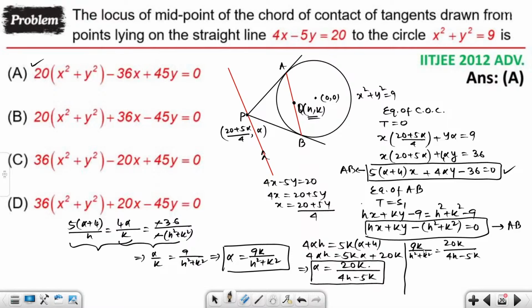So I am forming the equation of AB in two ways. One by chord of contact. Another is finding the equation of the chord by using the midpoint thing, where T equals S1. So forming the equation of the line AB in two different ways, and then we have compared the coefficients to get the value of the unknown, or in this case, to find the locus. Is it clear to all? Absolutely.